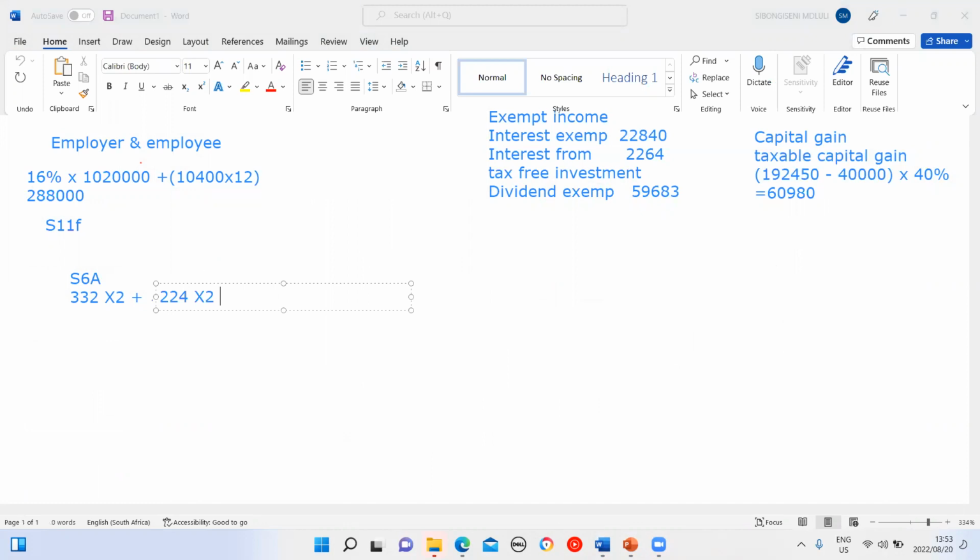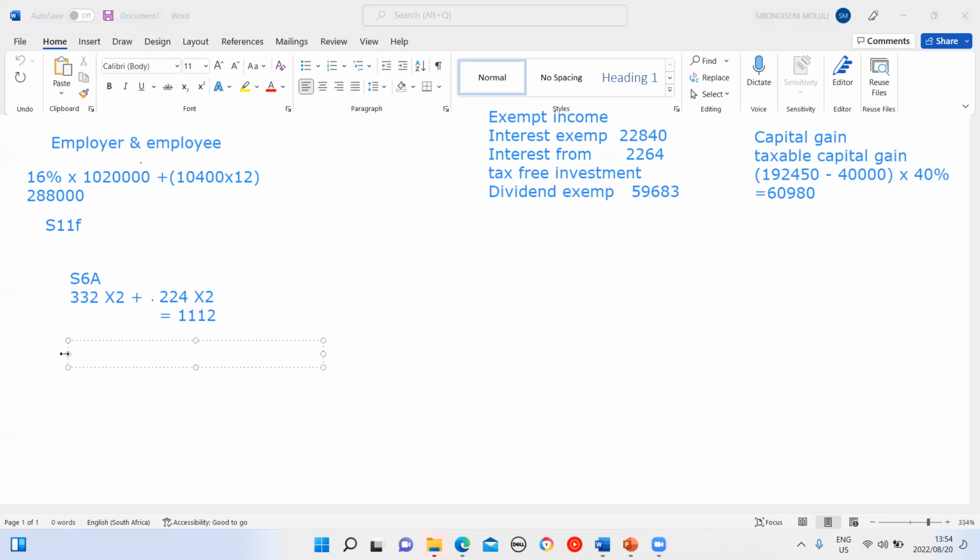Okay, so it will be your 224 times 2, and the total amount will be 1,112. But remember, this is a monthly amount. This rebate is applied per month.